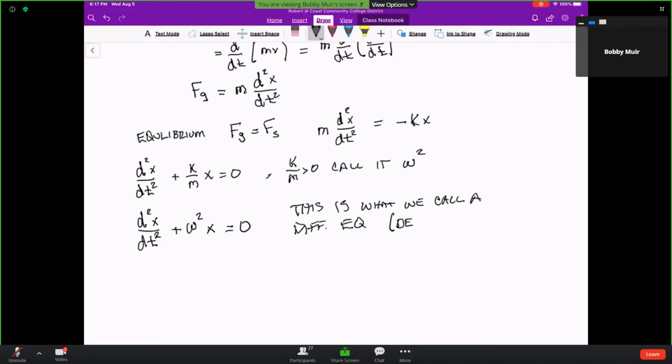And most of the time I just write DE for differential equation. Obviously here, the goal is to solve for x of t. That's what the goal is.